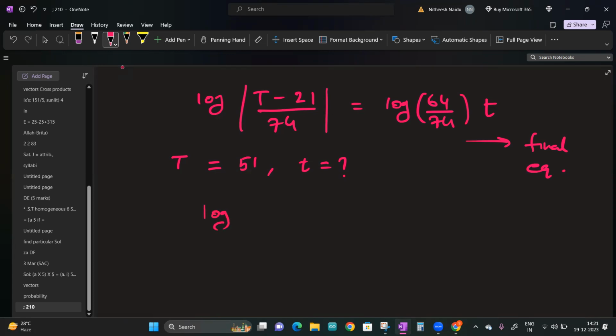You need only one formula: integral dt by (t minus 21) is log mod t, and integral 1 dt is small t plus constant c. That's it. So log mod, how much is capital T? 51 minus 21 by 74 is equal to log 64 by 74 into t.